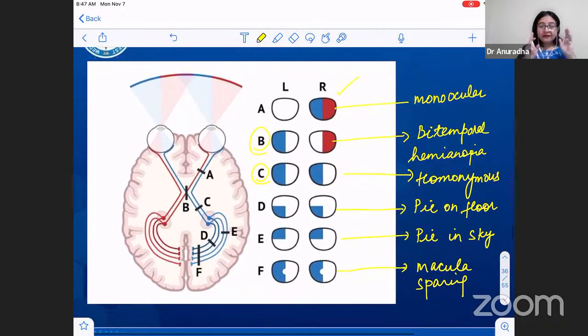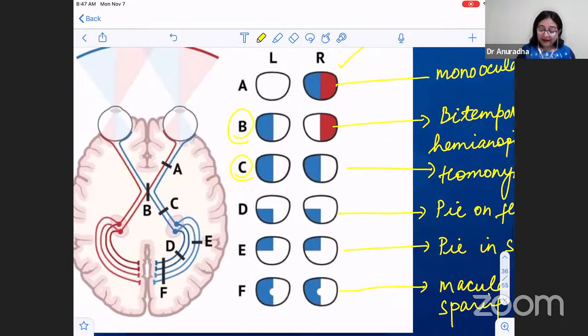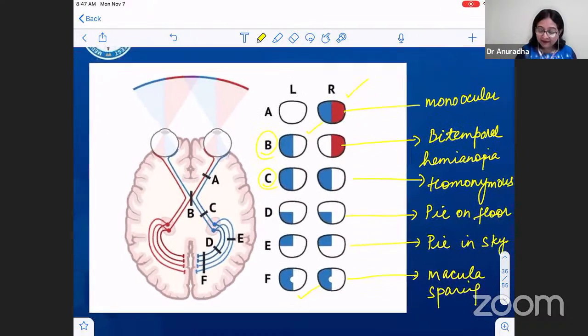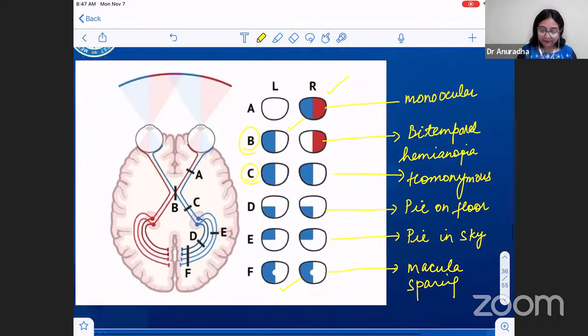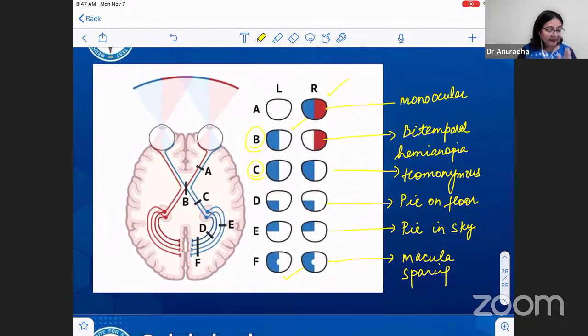Okay, so please remember how these visual field defects look, how the macula sparing looks, how bitemporal looks, and the site. In the visual field, please revise the site as well as the appearance of the visual field defect. Okay, right?